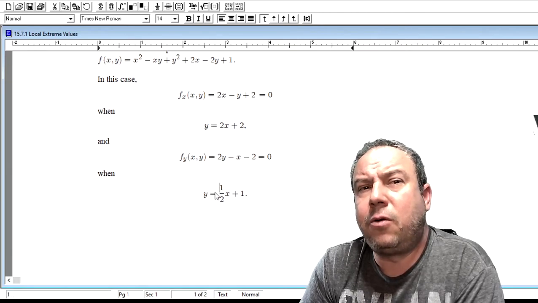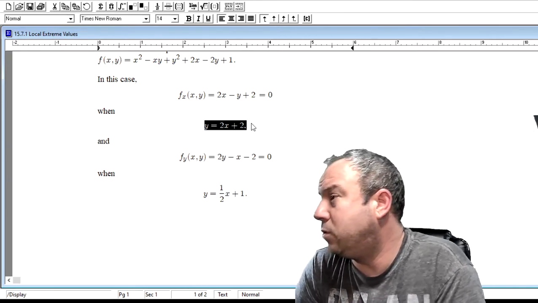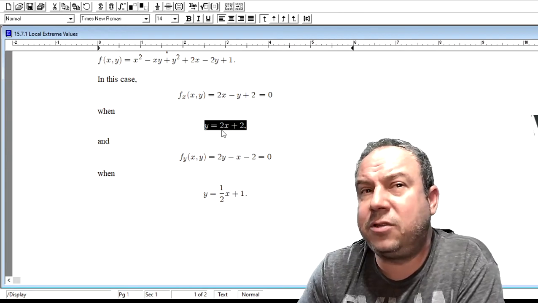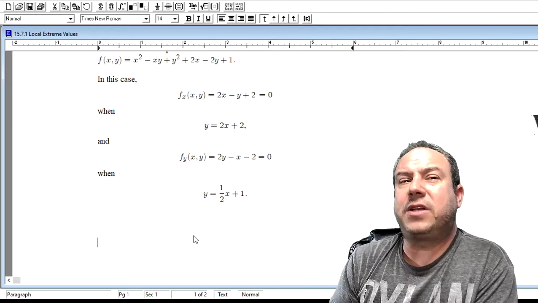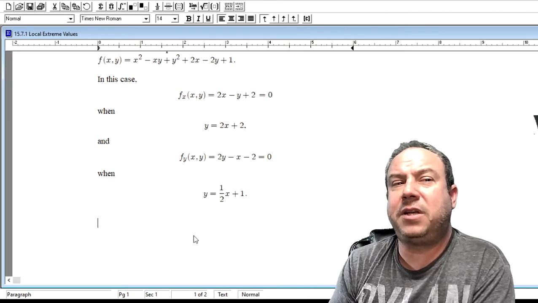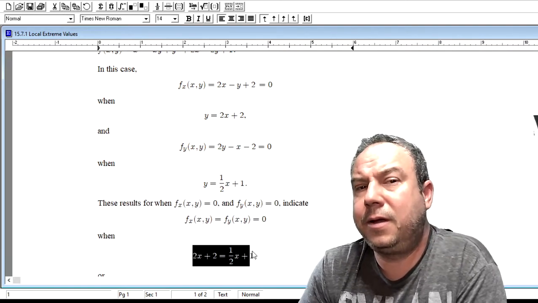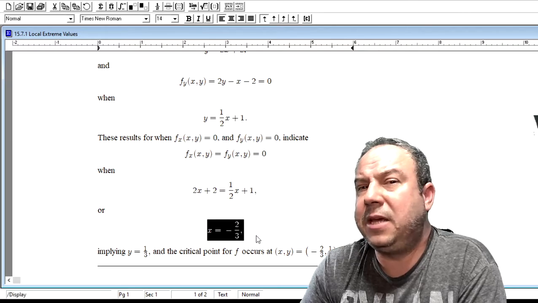Right? So with these two equations, to figure out where they equal each other in two-dimensional space without actually sketching their graphs, we can set these values of y equal to each other. Setting 2x plus 2 equal to 1/2 x plus 1, and solving for x, we find that x is equal to negative 2/3.